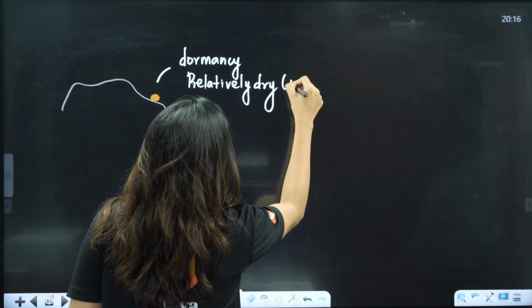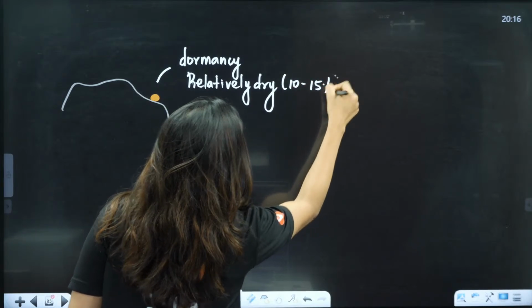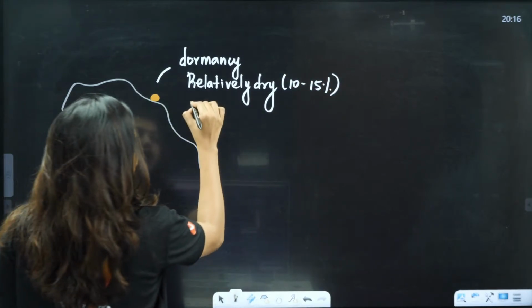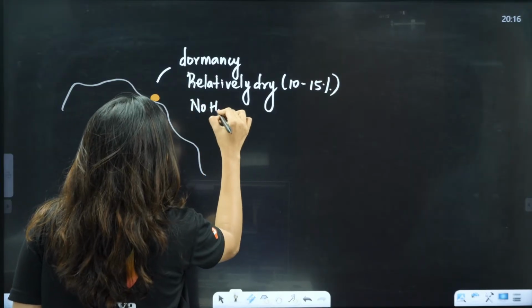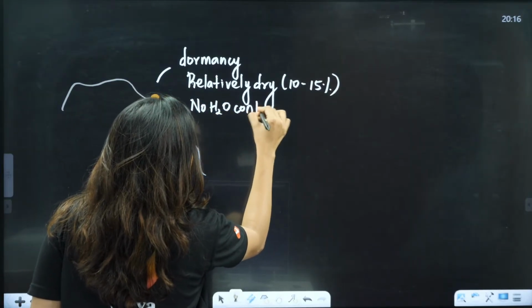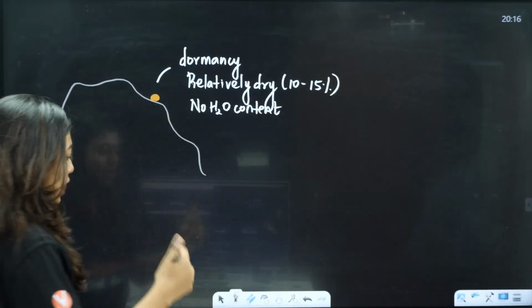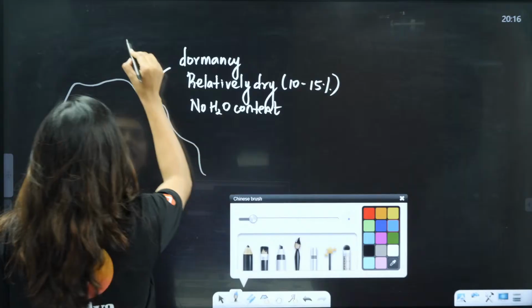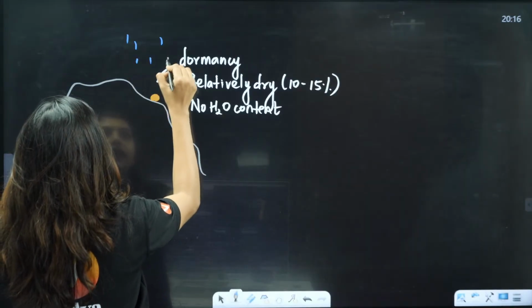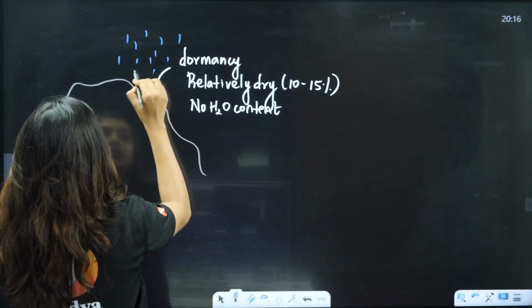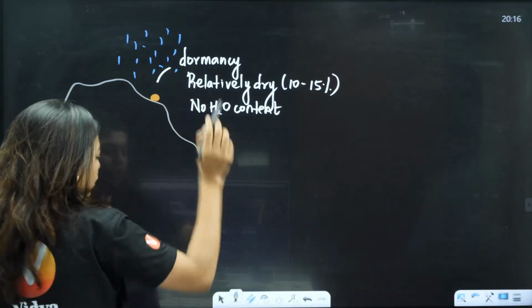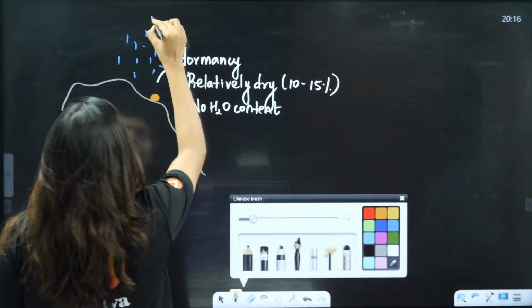That means it has removed 10 to 15% of the water, because if water content is there, they are going to become bad. After some time, let's say conditions become favorable: it starts raining, it gets enough sunlight, everything is there.